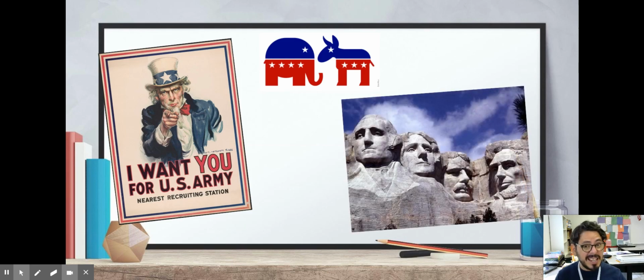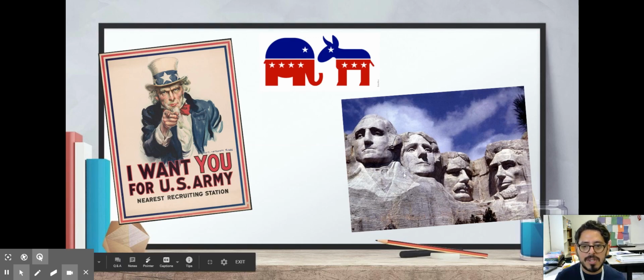And then we have places that represent America too. For example, Mount Rushmore, that has the heads of four main presidents. There's George Washington over here, who was the one who led the fight for America's independence against Britain.